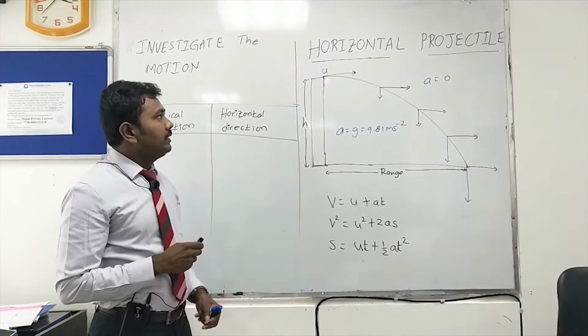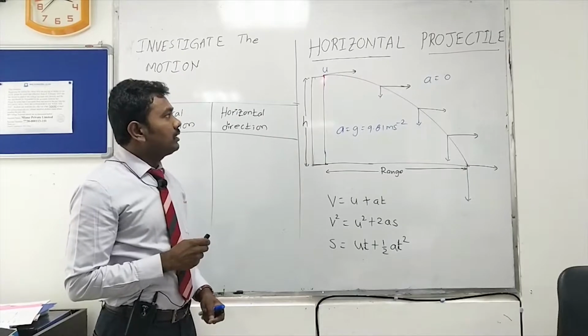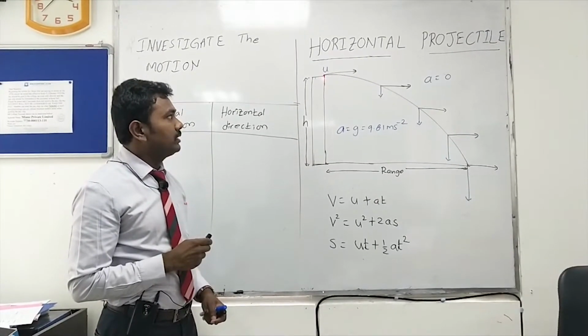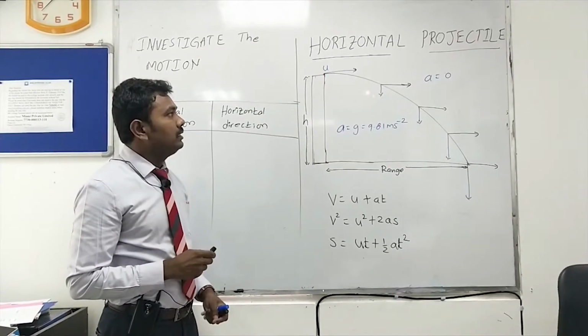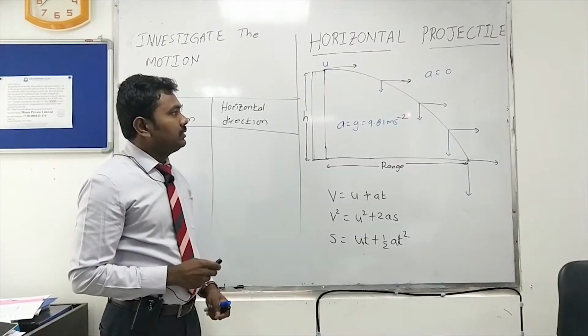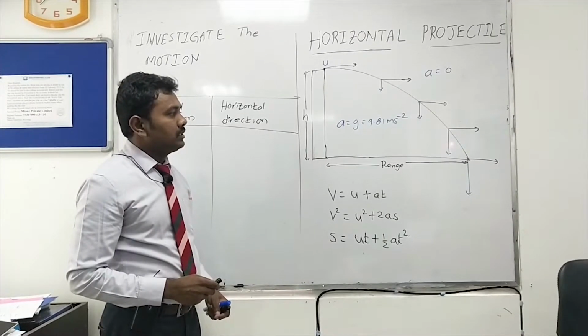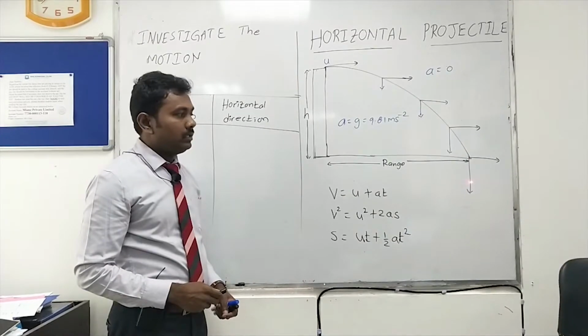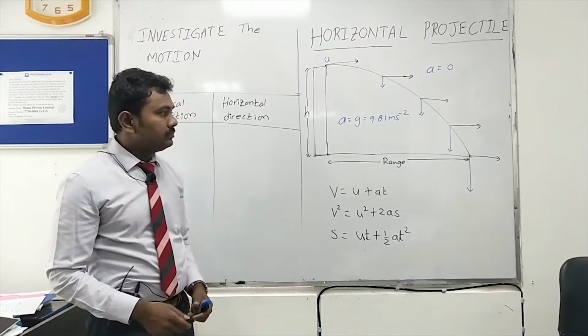Initially the vertical component of velocity is 0, because it is a free fall at this point, but after a while the projectile gains vertical velocity, which keeps increasing, and before touching the ground it will be the maximum vertical component of velocity.